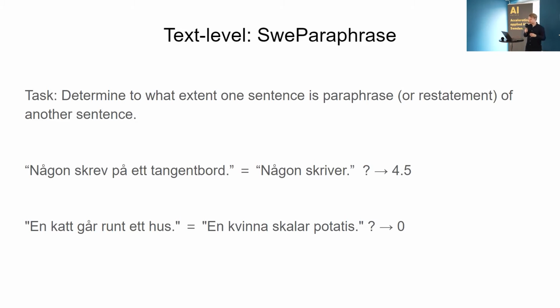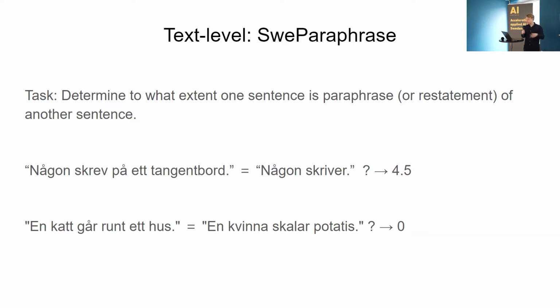And the last text level task that I want to mention is the SWE paraphrase, where we just want to determine to what extent one sentence is a paraphrase restatement of another sentence. And you can give this a score between 0 to 5, where 0 means no, this is not a restatement at all of the other sentence, and 5 being a very good restatement.